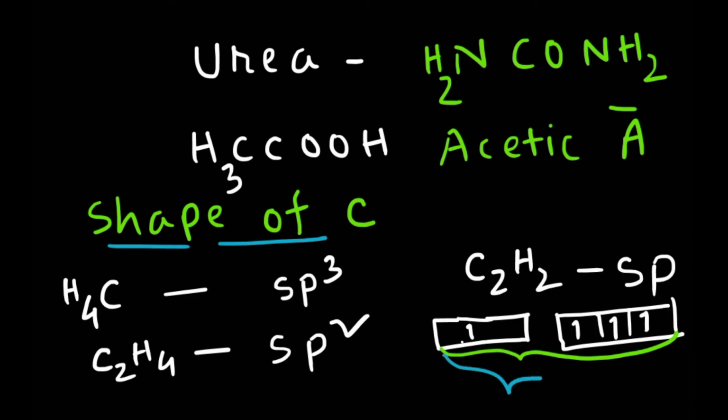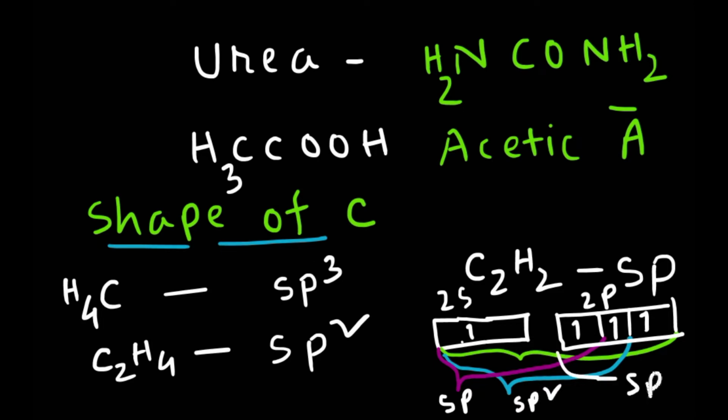When s and 3 p atomic orbitals combine, we get sp3 hybridization; when s and 2 p orbitals combine, sp2 hybridization; and if one from s and one from p combine, it will be sp hybridized.